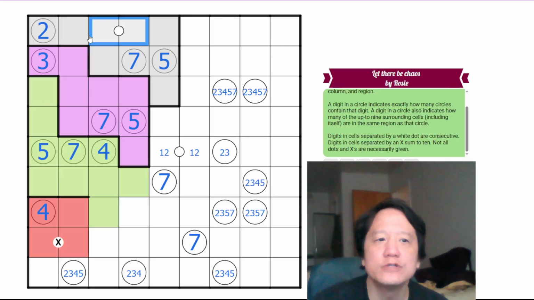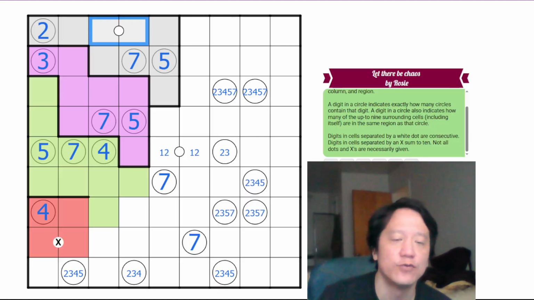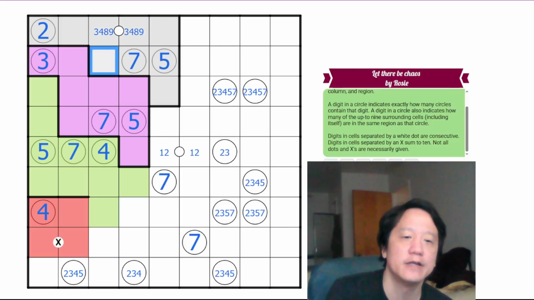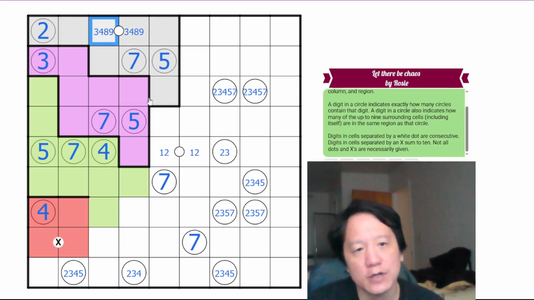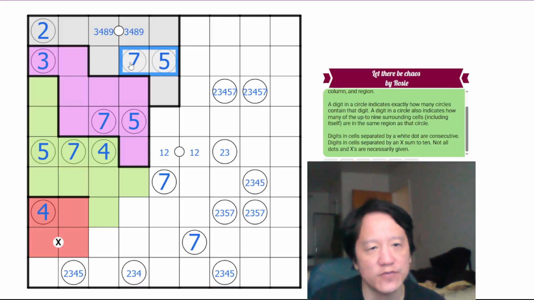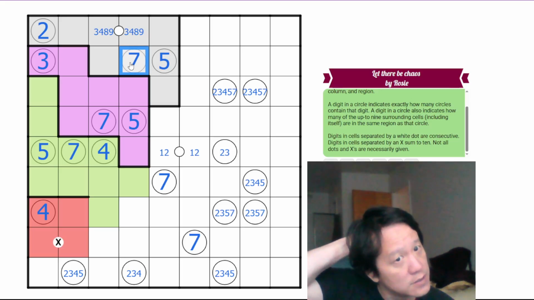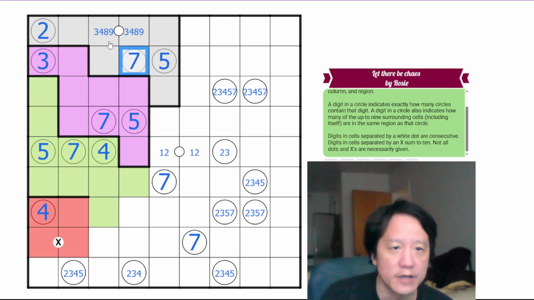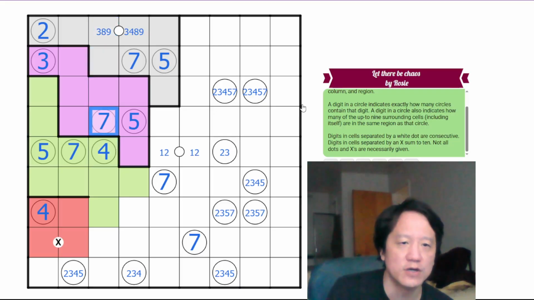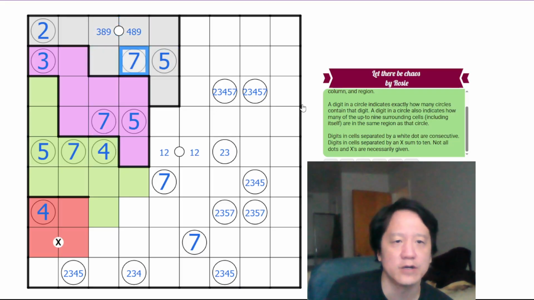That means no 1, 2, no 2, 3. It could be 3, 4, or it's 8 and 9 here. Because we don't have 5 or 7 available, that eliminates 4, 5, 5, 6, 6, 7, or 7, 8. So this is 3, 4, or 8, and 9. This can't be 4 because of 4 in the column, so therefore this can't be 3 here.